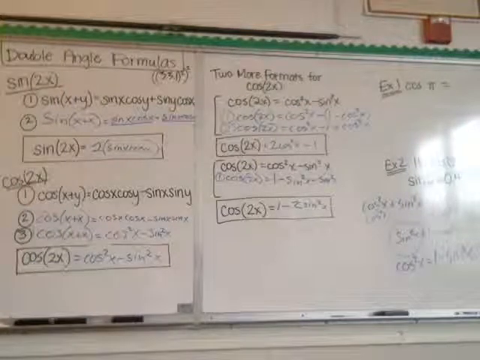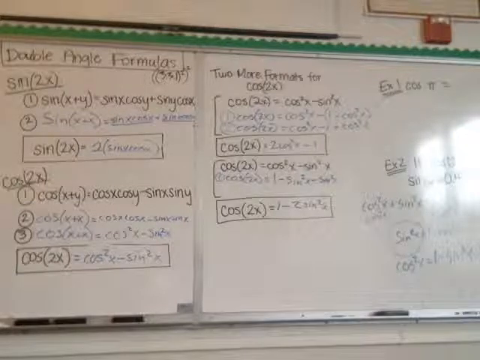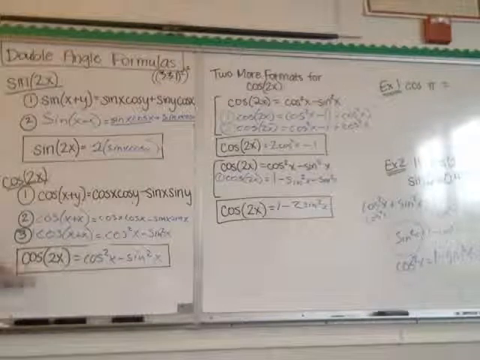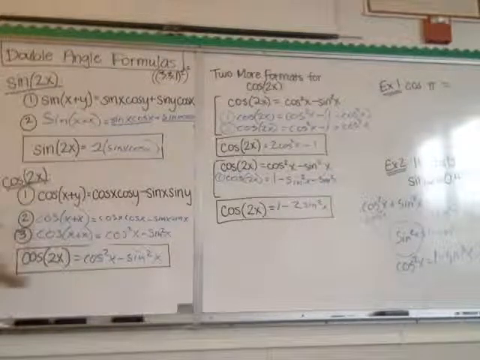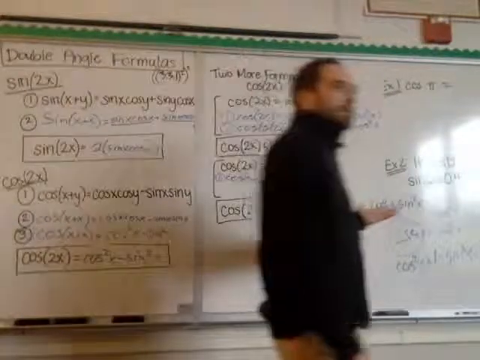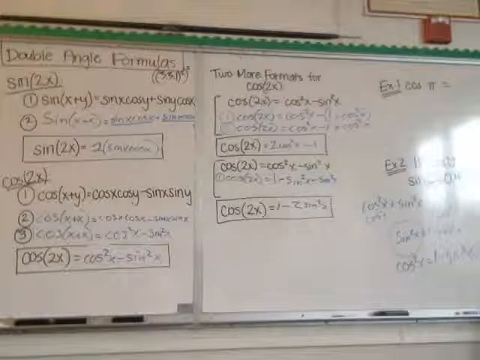All right, we have our 4 double angle formulas. If needed and you forgot one of them, you could derive it, because all of these are derived from this one. So you could have this and this memorized, and then derive these from them. It's just applying that Pythagorean identity. No problem for you guys and gals.